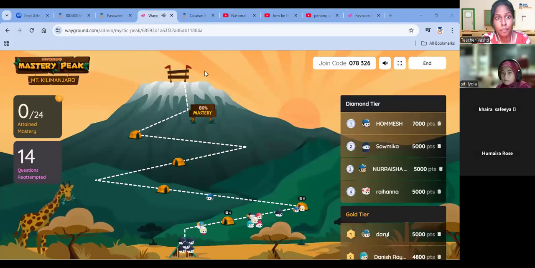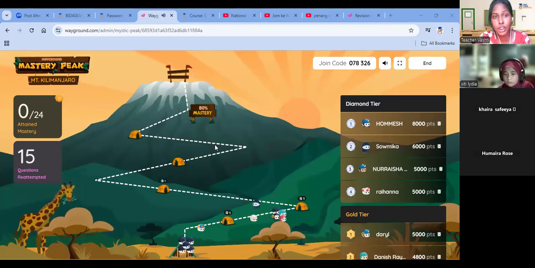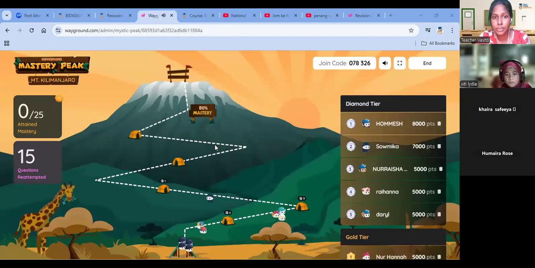Cikgu, dia tak keluar soalan. Dia warna putih. Refresh. Tekan refresh, Humaira.